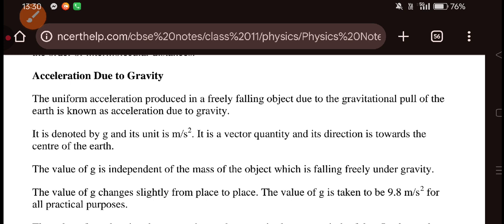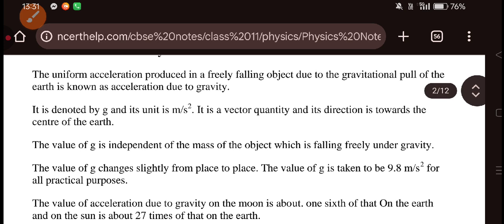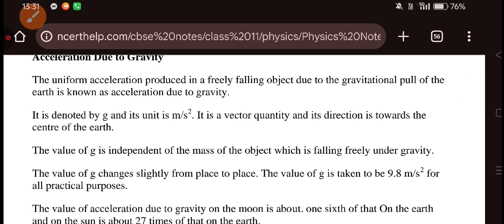Acceleration due to gravity at the surface will be 9.8 meter per second squared. It is denoted by g, its unit is meter per second squared, and it is a vector quantity. Remember, this is a special case of gravitational acceleration. Its direction is towards the center of the earth.